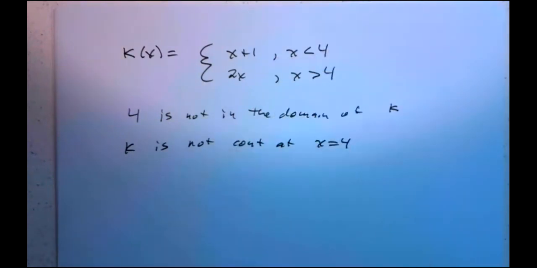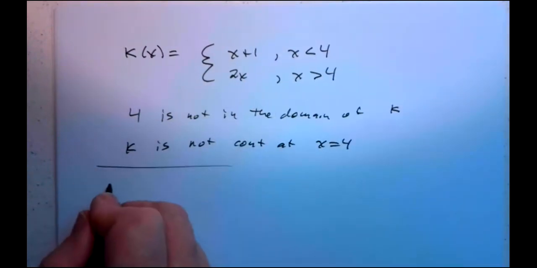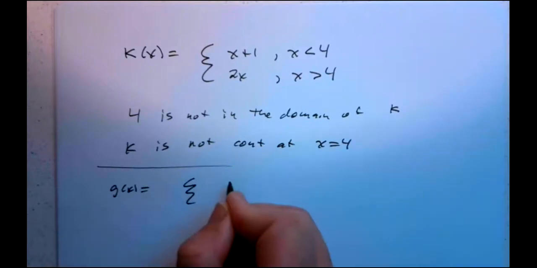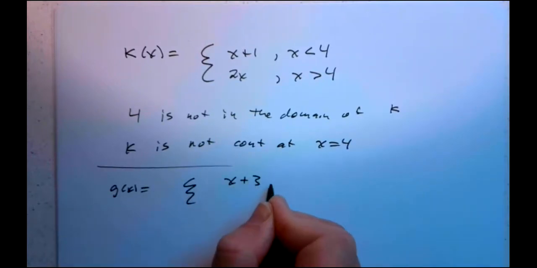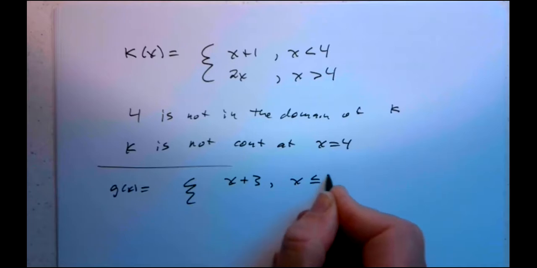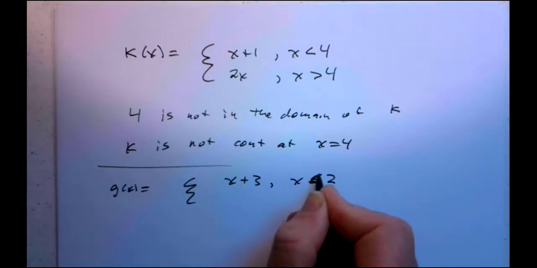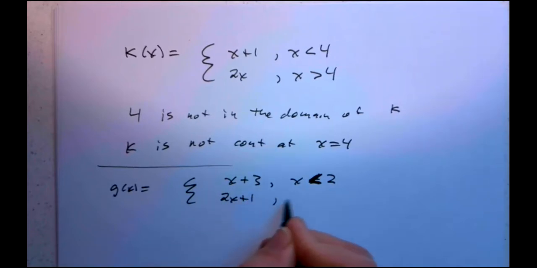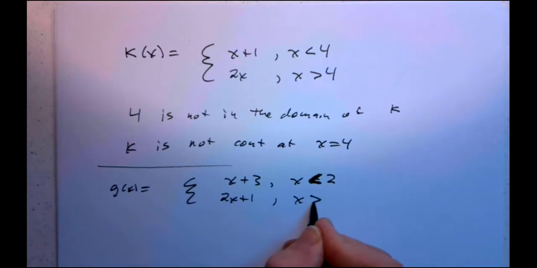Even if I had made the limit be the same, which I can do, I'll make a similar kind of case. If I go g of x is x plus 3 when x is less than 2. So it's x plus 3 if x is less than 2, so it's heading to 5. And it equals 2x plus 1 if x is greater than 2.